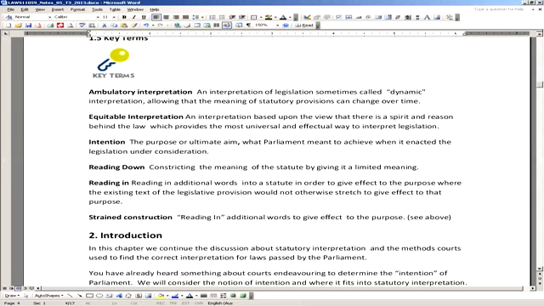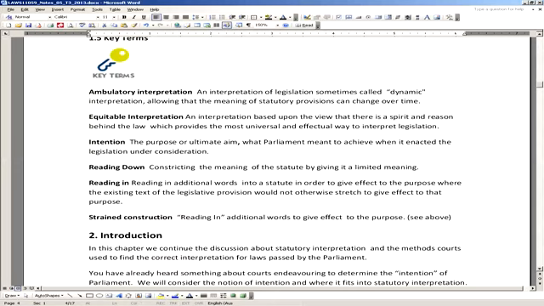The purpose or ultimate aim in the legislation is what Parliament, as the sovereign entity within the three arms of government, is meaning to achieve when it enacts specific legislation.